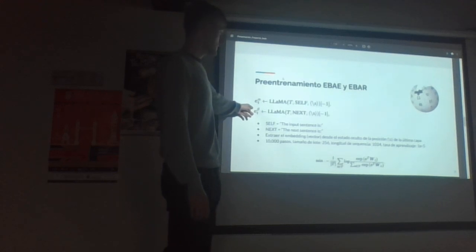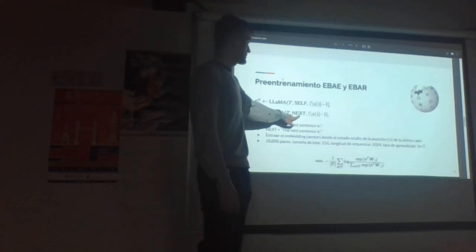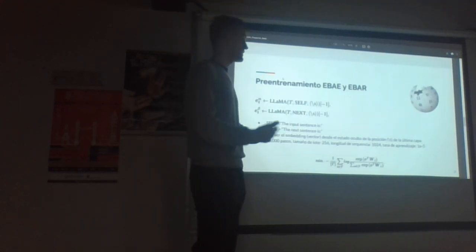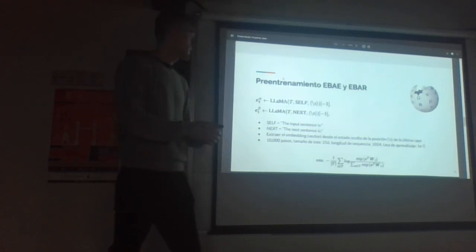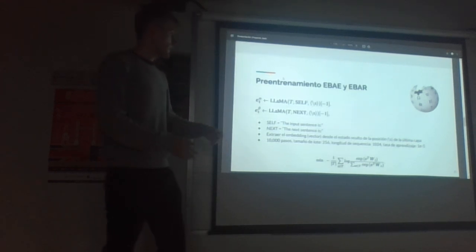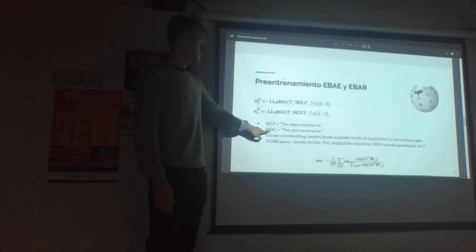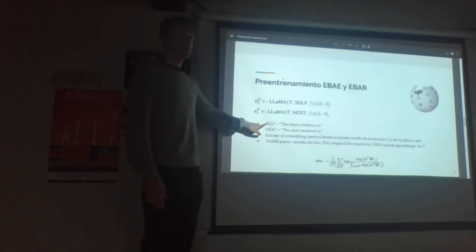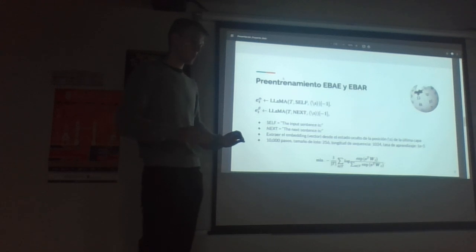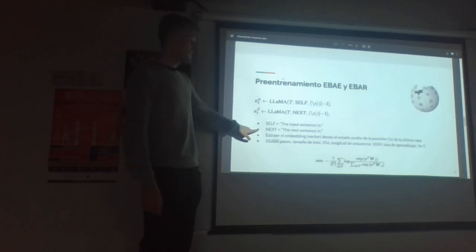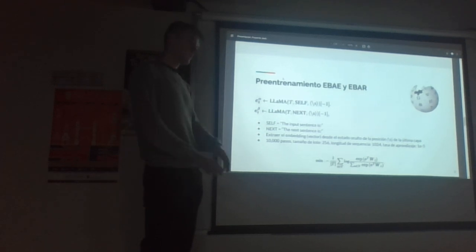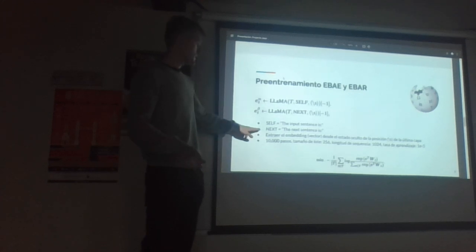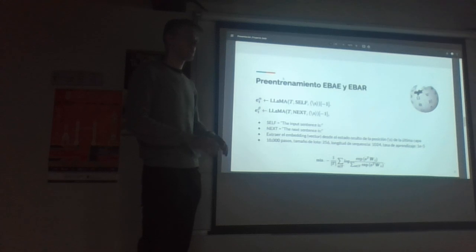For the EBAR task, it's the same, just that the model has to generate the embedding for the next, following sentence. Because I told you that we only want embeddings that represent well the global semantics of the input text, initially it wasn't quite clear to me why they also want embeddings that represent the next sentence if we don't want to have a generative model afterwards.